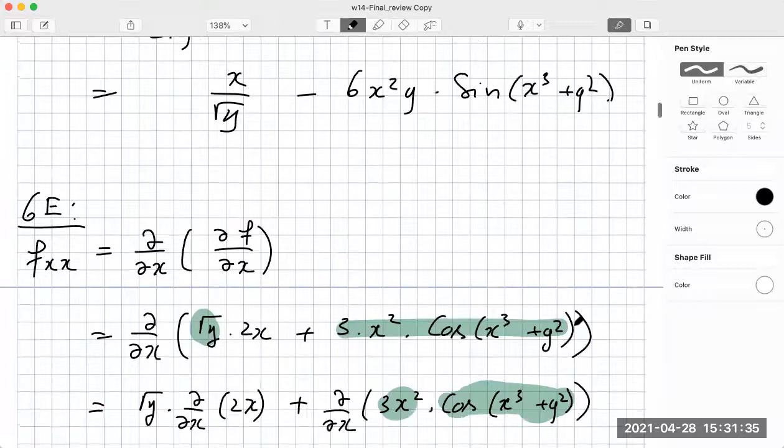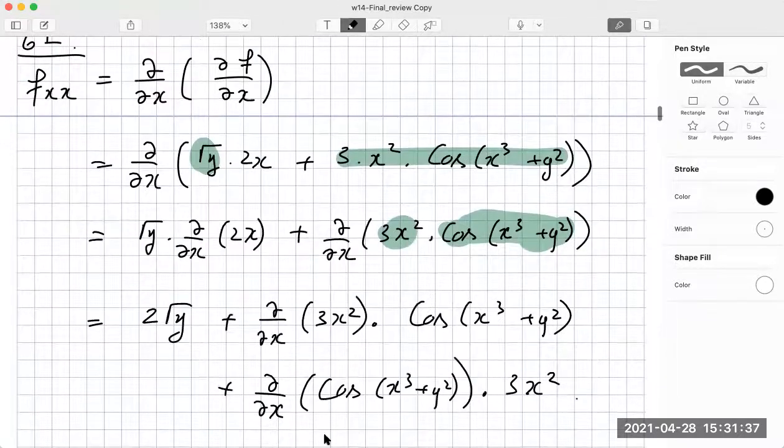Question E, same principle. D over dx and then d over dx again. The result df over dx, we found it in 6a. Plug it in here, then we treat the y term as a constant. The derivative of a sum will be the sum of the derivatives.